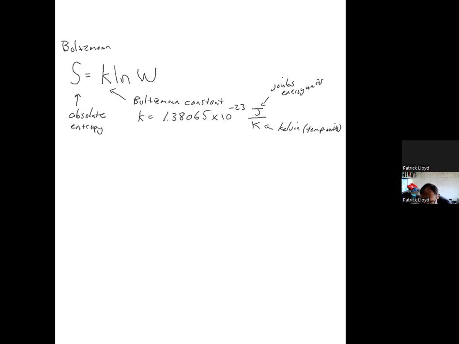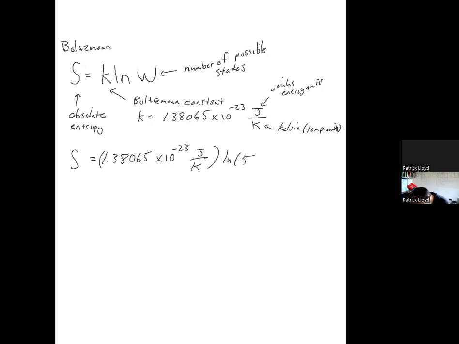These are temperature units. So joules per Kelvin, okay? So all we have to do is take this Boltzmann constant, multiply it by the natural log of the number of possible states. Okay, it's a very simple calculation, right? So for this particular problem, we would take K, 1.38065 times 10 to the minus 23 joules per Kelvin. So there's your K, times the natural log of the number of states, which was 576.